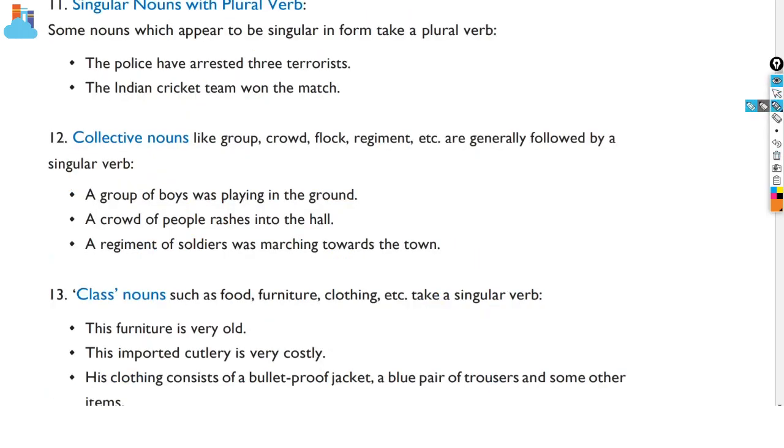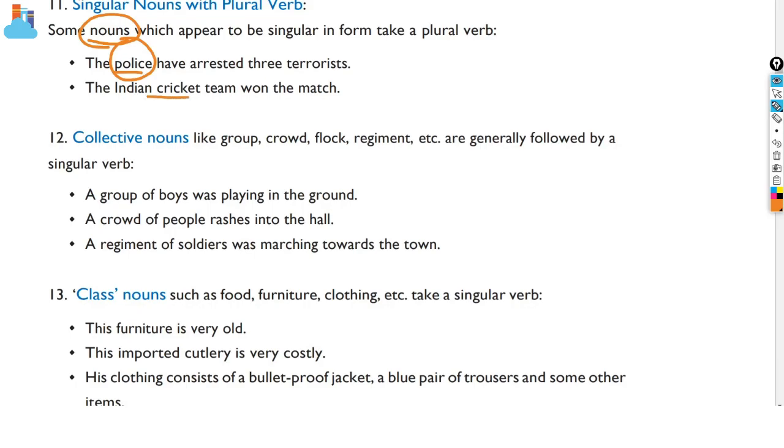This is again a very interesting one, my dear children. Some nouns which appear to be singular in form take a plural verb. There are some nouns which look singular, but their sense, their meaning, is of a group, therefore they are plural. The police have arrested, not the police has. The police has would be wrong, because police is plural in form and in sense.